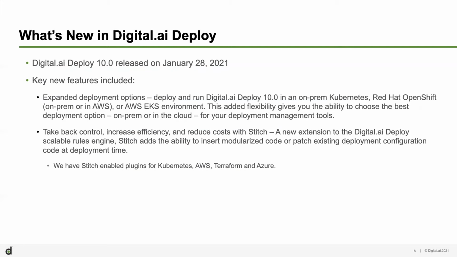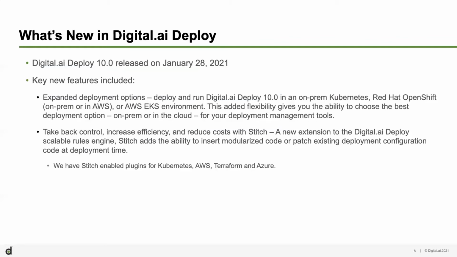The next feature that we've added is a big feature. And this is really aimed at customers that are really trying to do cloud native at scale. It helps you take back control, increase efficiency, and reduce costs when you are trying to do cloud native at scale. And what we've included is a new extension as part of Digital.ai Deploy.